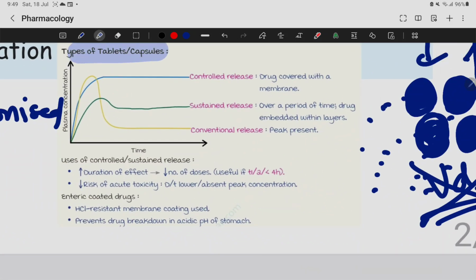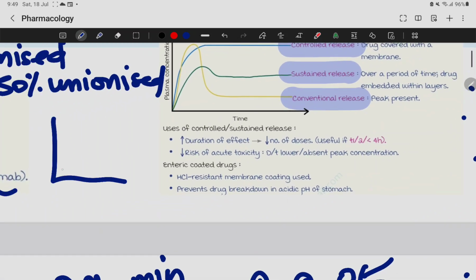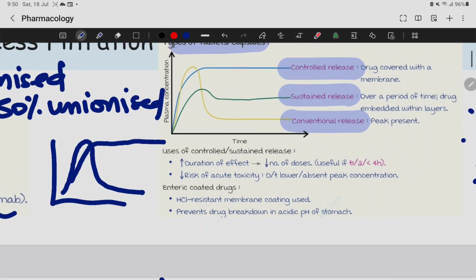Types of tablets: there can be three types, controlled release, sustained release, and conventional. Usually if you take one tablet, its concentration rises and after some time dips. That is conventional. In controlled release, they are formulated so that the concentration remains constant, because the drug is covered with a membrane.